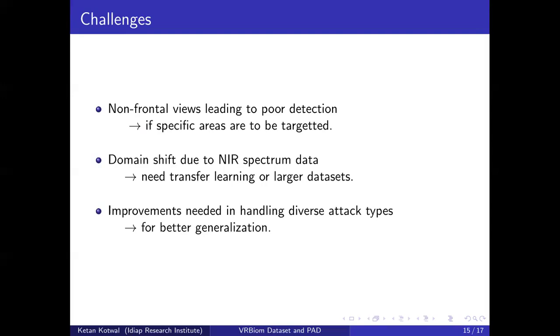Secondly, the dataset is captured in infrared, while the backbone that was fixed was trained on RGB data. To address the domain shift, we need to have some kind of transfer learning, or we probably need to build VR datasets that are large enough that we can use them to train the model quite well.